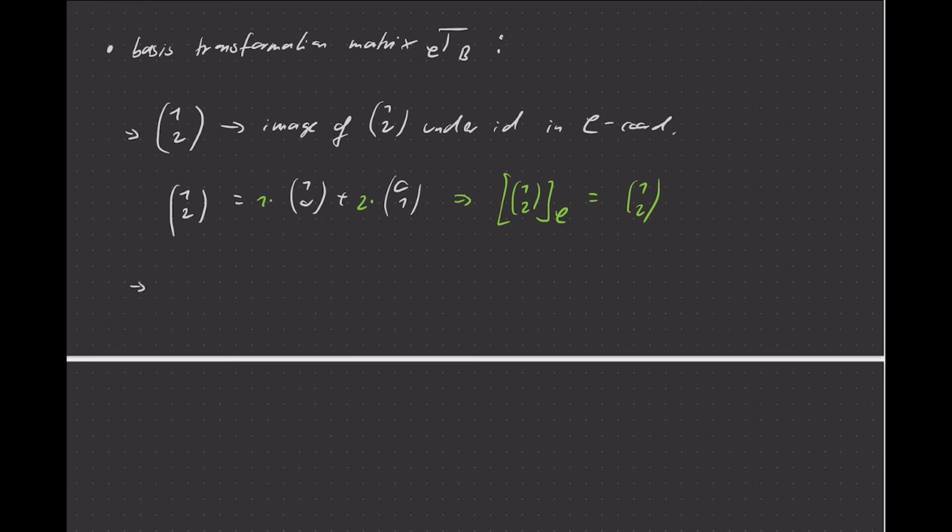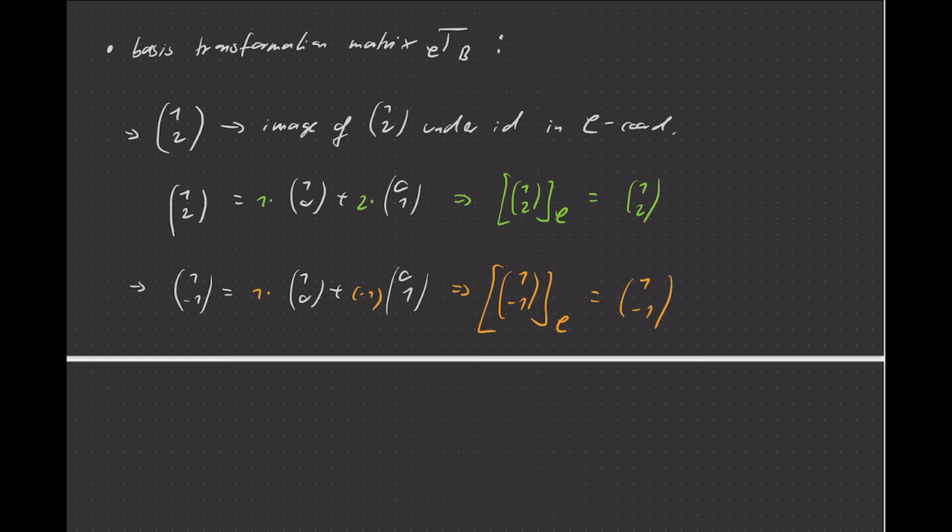And secondly, we'll also need 1, minus 1, and again, that maps to that same vector under the identity map. And the coordinates of that vector are, of course, 1 and minus 1 with respect to the unit basis C. So the C coordinates of that vector are exactly 1, minus 1, same as the vector.